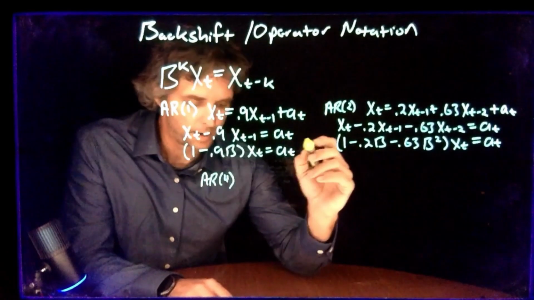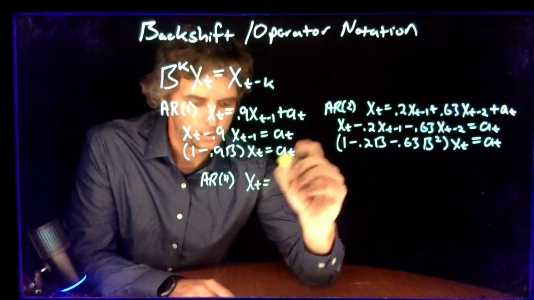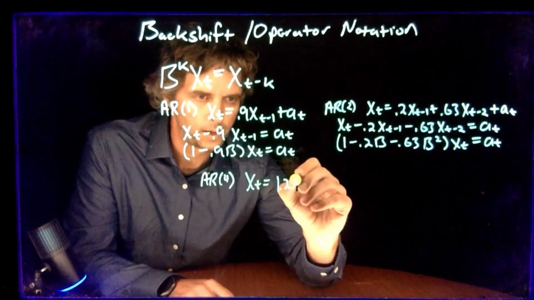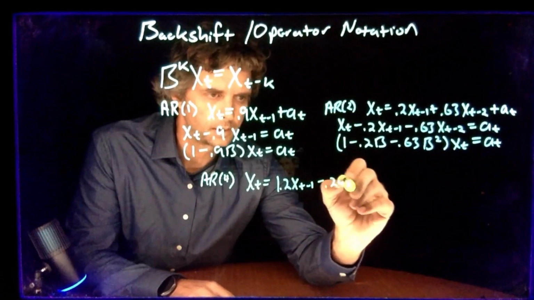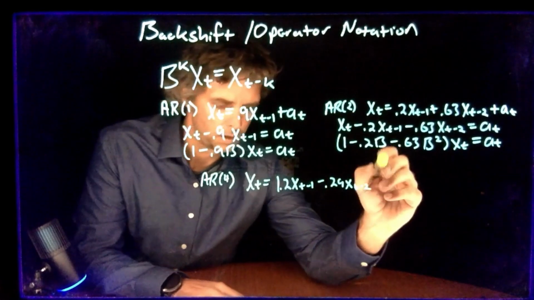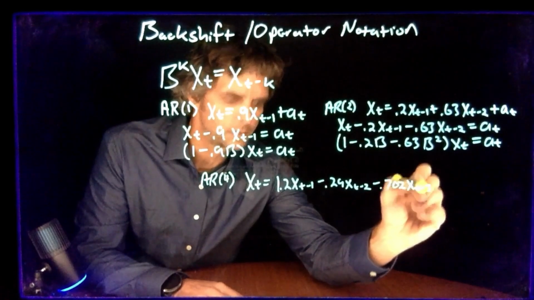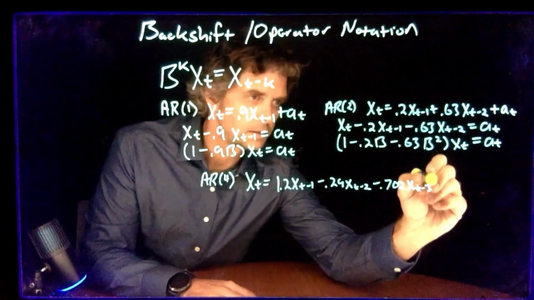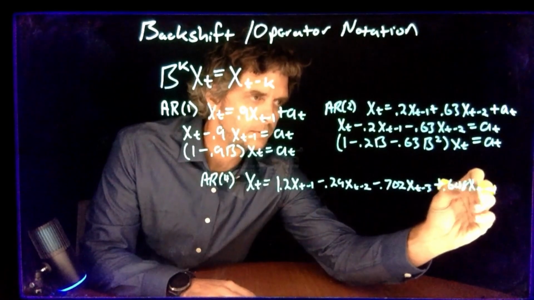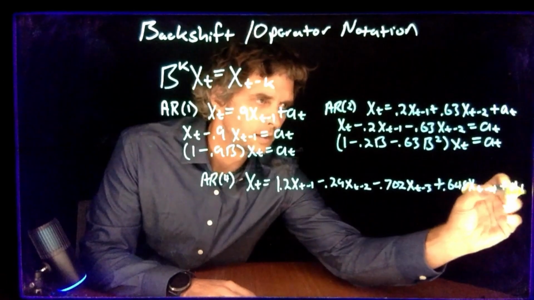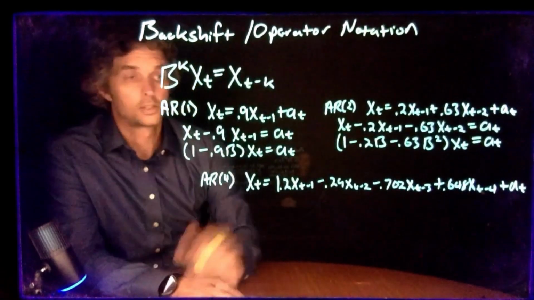So let's say we have the model x_t equals 1.2 x_{t-1} minus 0.29 x_{t-2} minus 0.702 x_{t-3} plus 0.648 x_{t-4} plus a_t. Great. Okay, same thing, just AR(4) now.